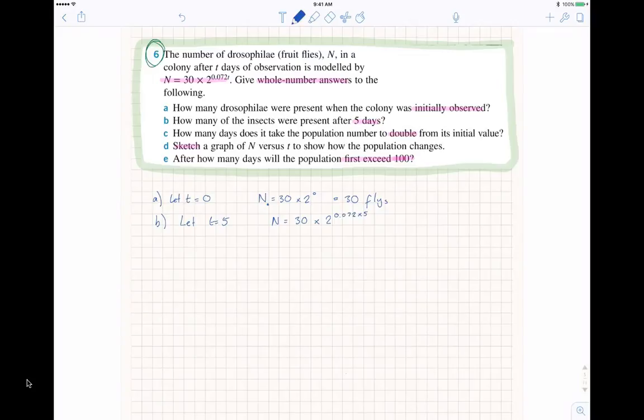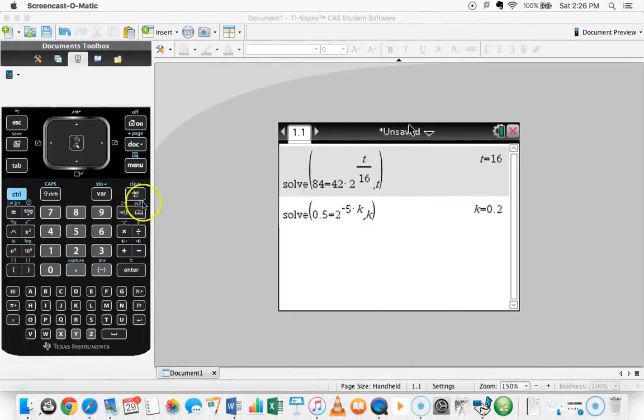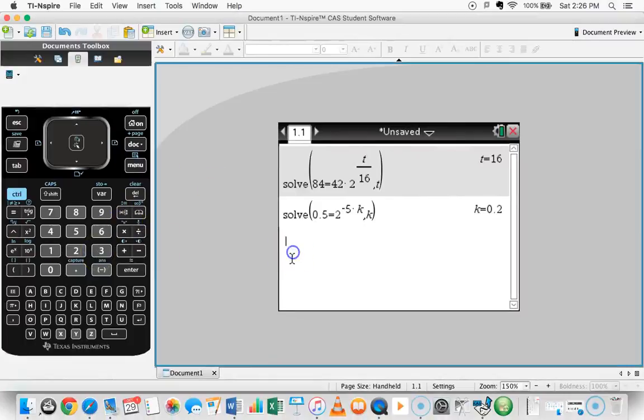Put that straight into our calculator. And we find that we get 38.5.